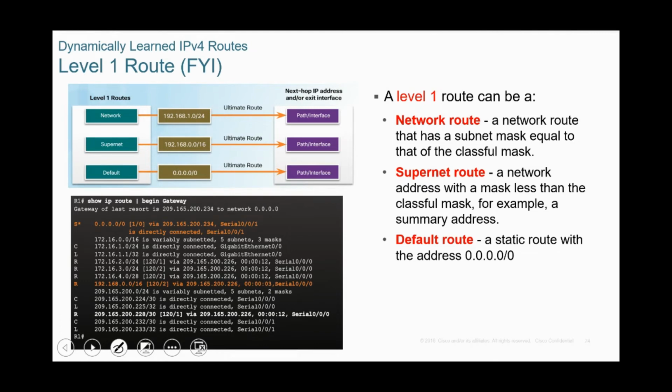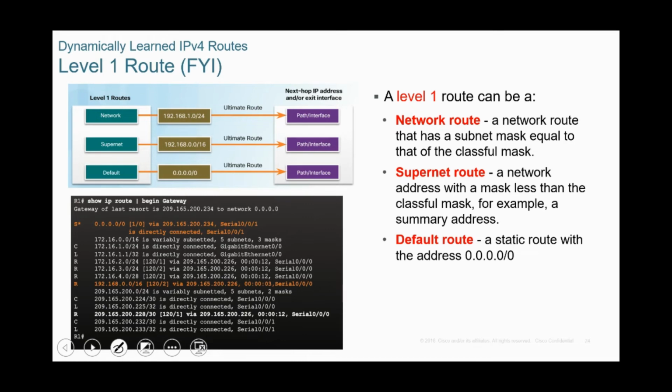Okay, next we go for the level 1 route. The level 1 route can be a network route, a supernet route, or a default route. It's very easy to determine the network route. A network route has a subnet mask equal to that of the classful address.